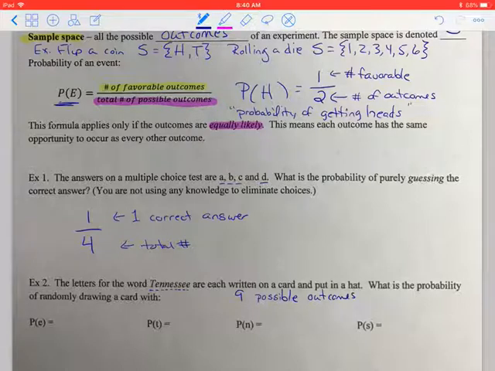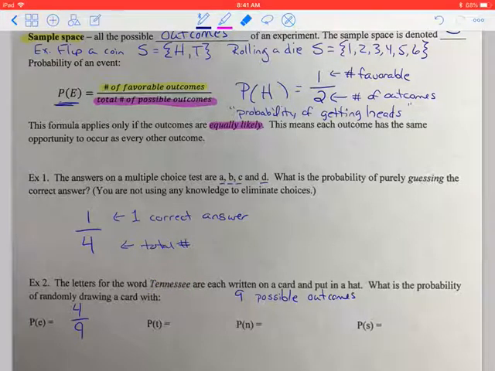For the probability of getting an E, I'm going to go through and find my E's. There's 1, 2, 3, 4. So out of the 9 cards in the hat, 4 of them are E's. My chances of drawing a card that has E on it would be 4 out of 9.